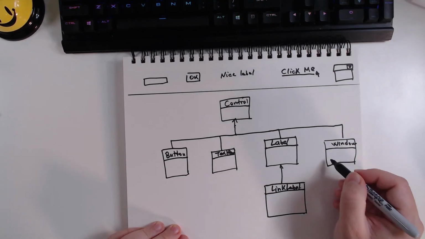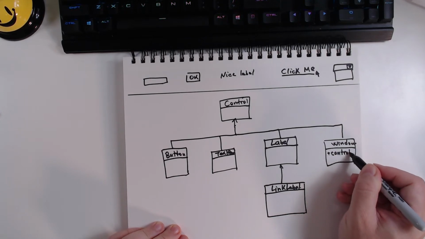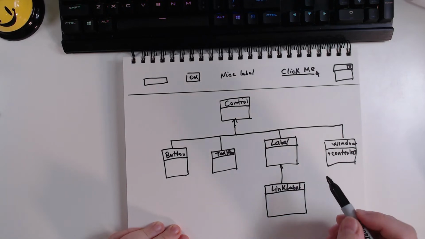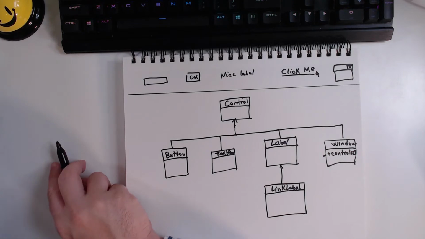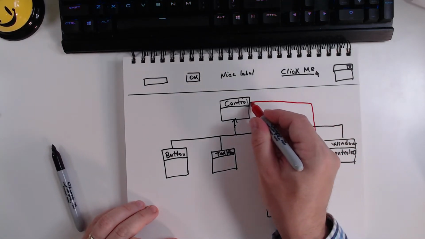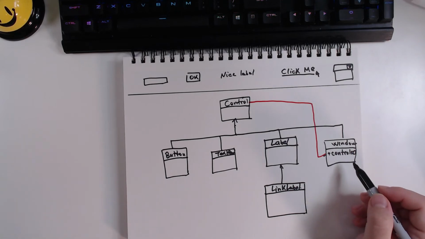The difference is that a window will have a controls property. I'm representing it like a controls array, and this one, let me draw it with a different color, has a composition kind of relationship with the control. So inside the window we can have other controls, right?